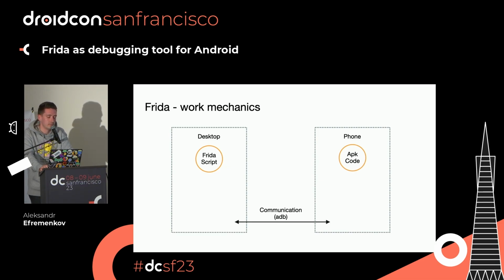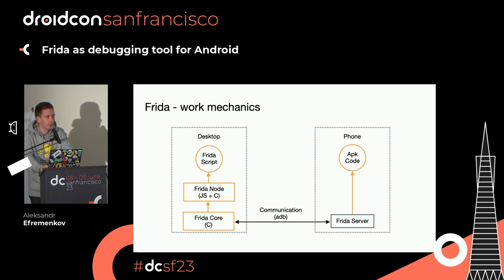There is obviously communication between the desktop and the phone via ADB, and this runs on top of the Frida node and Frida core engine that is installed on your desktop. And yeah, you need a Frida server. It's kind of an observer and watchdog on your mobile device that will perform communication with the desktop.